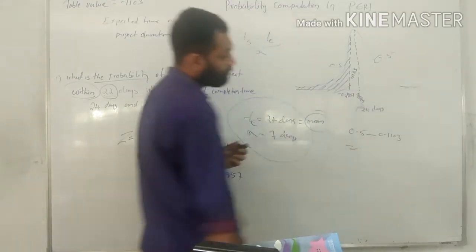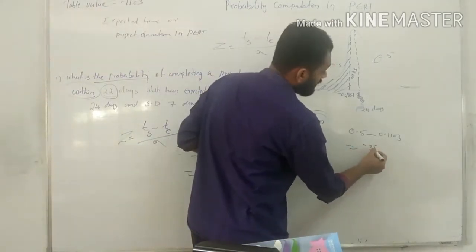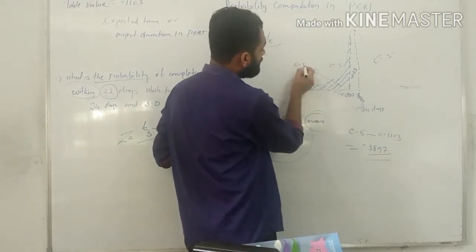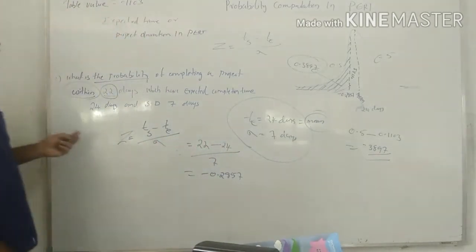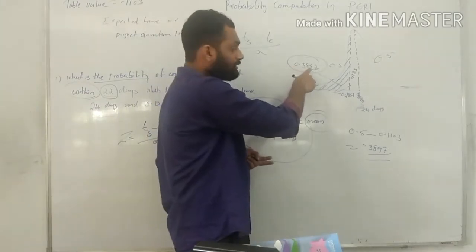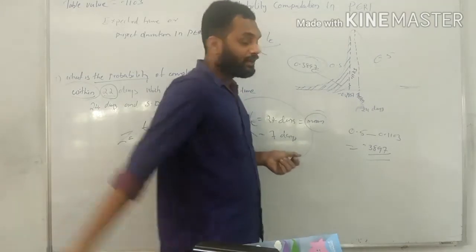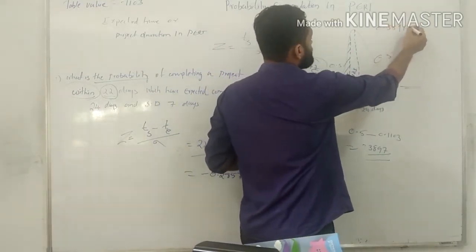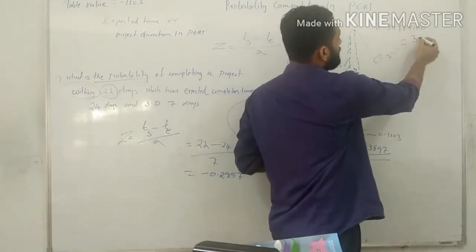That is equal to 0.3897. So the probability of completing the project within 22 days is 0.3897. In percentage, we multiply by 100, which is equal to 38 or around 39%.